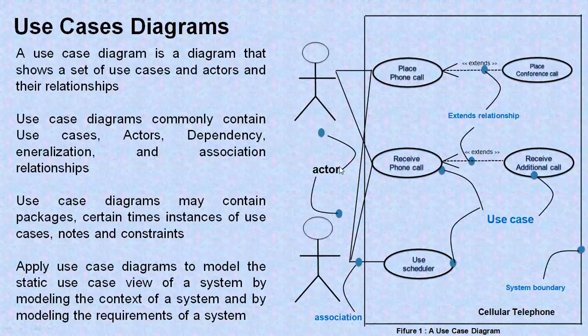The links connect the actor icons to the use case ellipses with which they communicate. So they are linked only to the use cases which they are going to communicate with. The relationships among the use cases, such as extend and include, are drawn inside the rectangle.